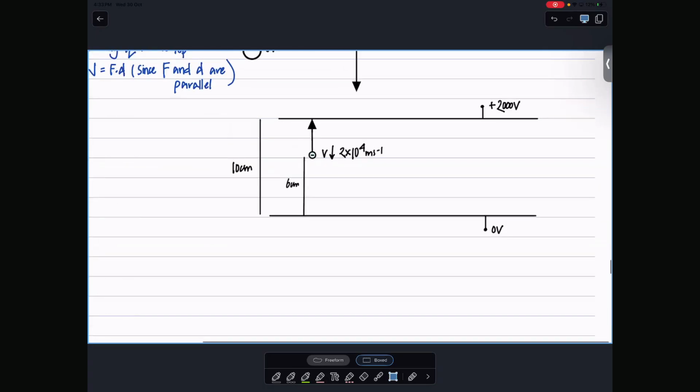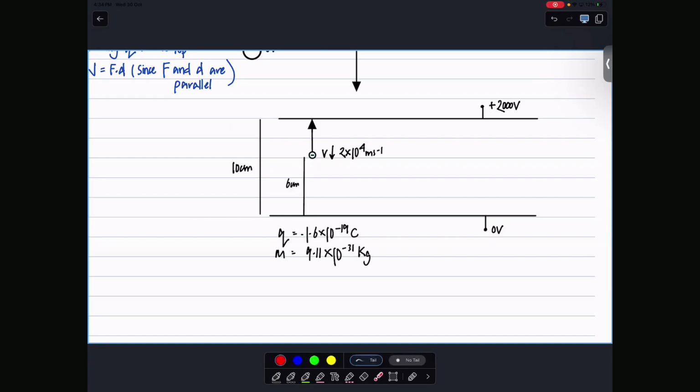Right, so charge Q is 1.6 into 10 to the power minus 19 coulomb, and mass is 9.11 into 10 to the power minus 31 kilogram.